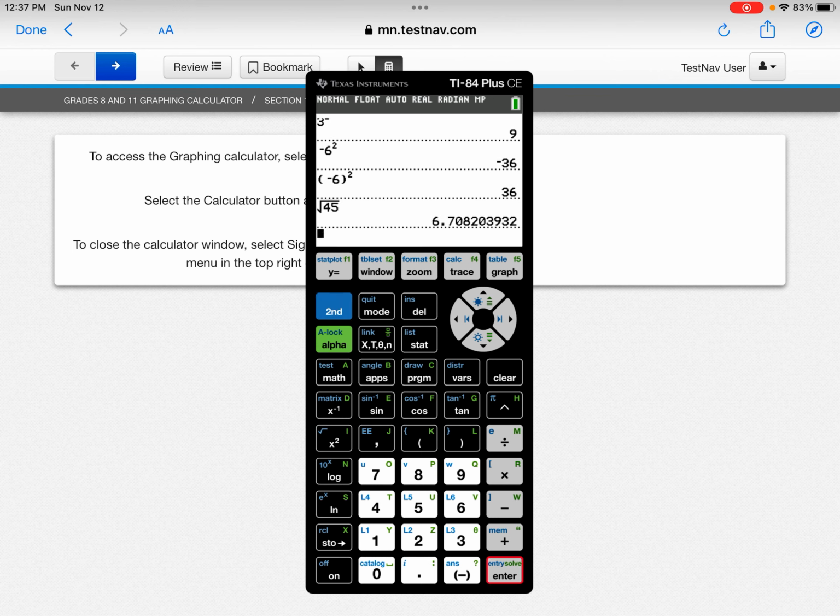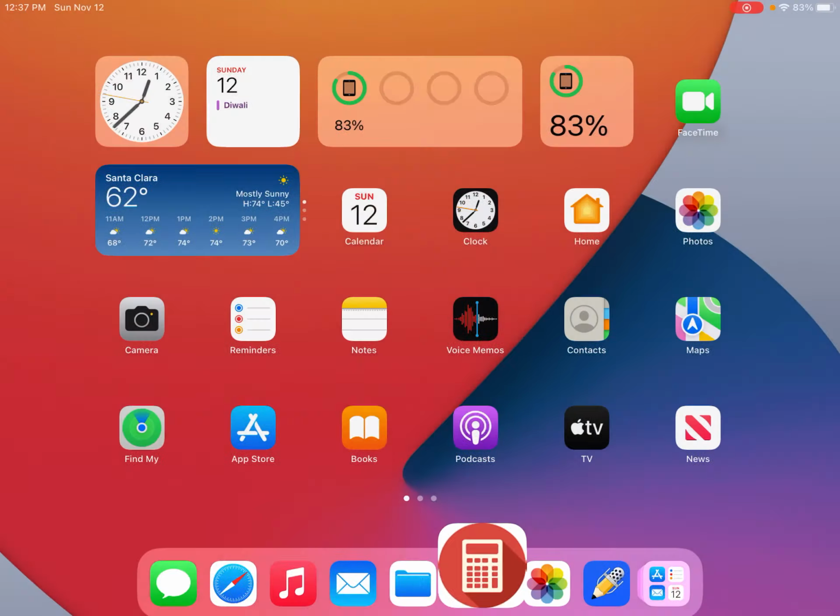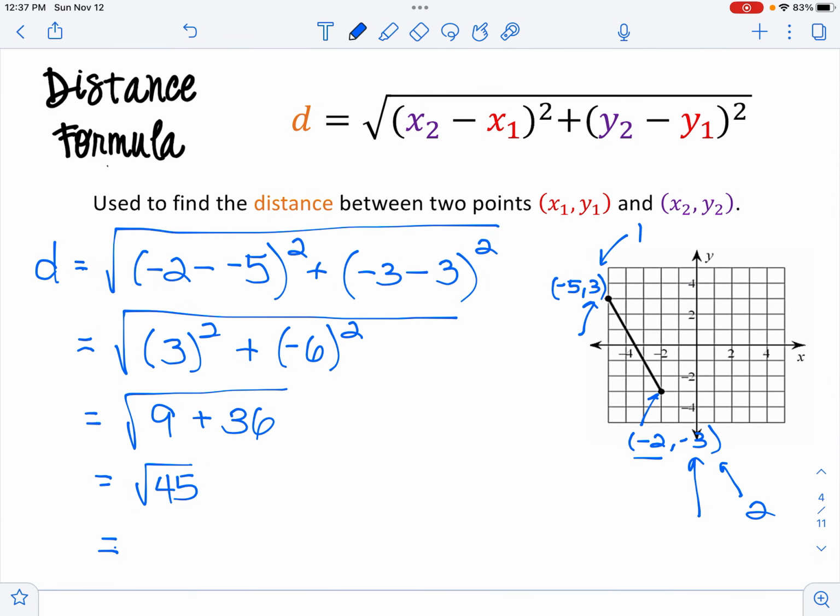Square root of 45 is 6.708. We're going to round to the nearest tenth, so 1 decimal place, we'll say 6.7. So this is approximately 6.7 units long, which we knew was more than 6, and that makes sense then.